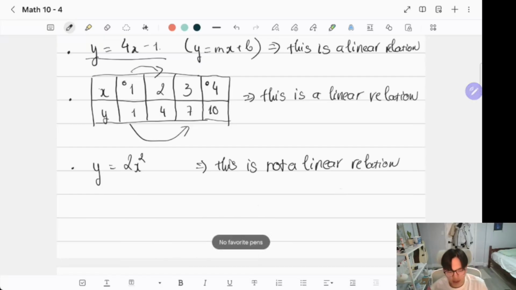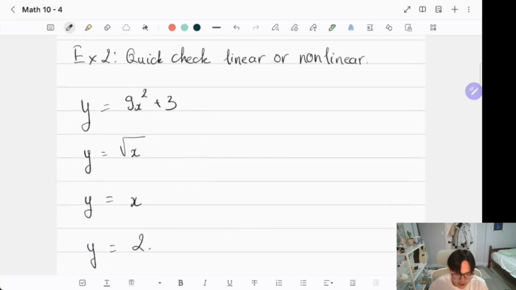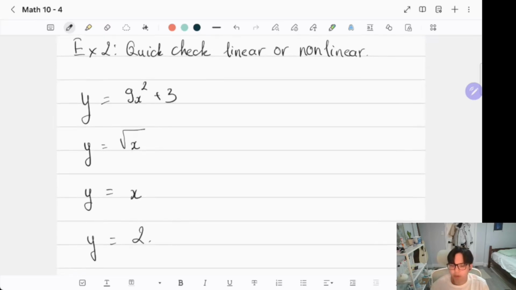Okay, let's move to the last part of our quick check. This is just a quick check. This one will be homework today, and you need to prove that this one is non-linear. This one is also non-linear. This one is linear.